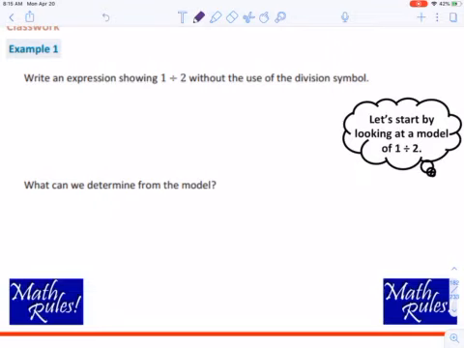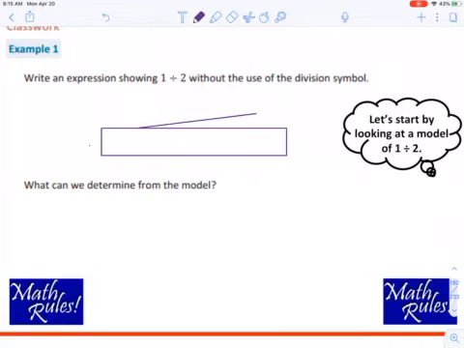Example number 1 says write an expression showing 1 divided by 2 without the use of a division symbol. Let's start by making a model. I have a tape diagram. This whole tape diagram is going to represent 1.